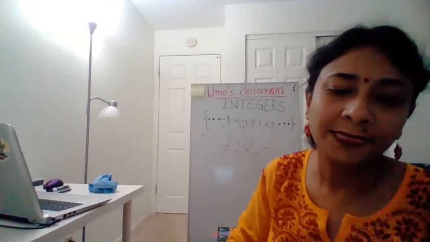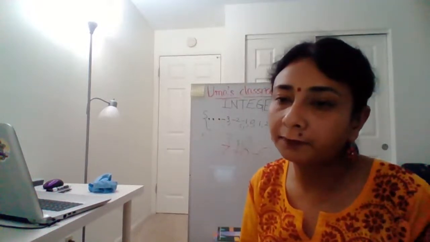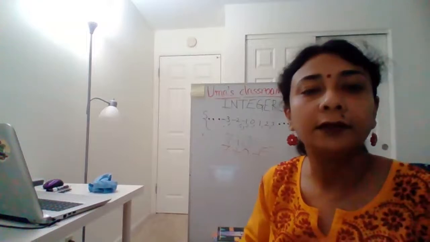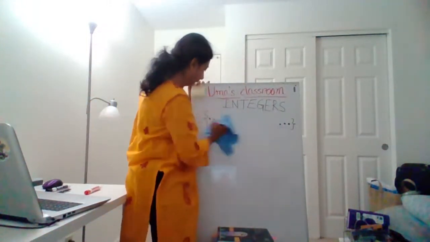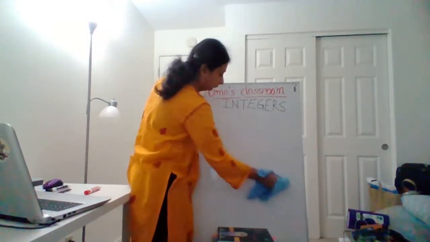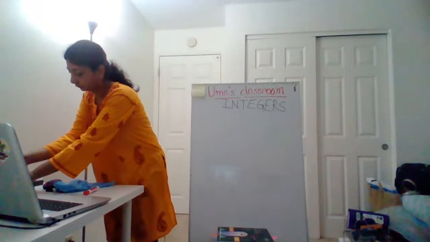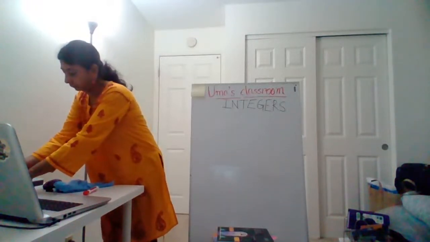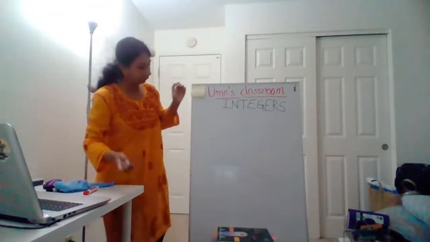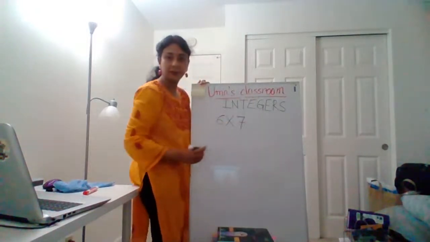So always welcome. And I already mentioned for multiplication also, commutative property and associative property both are valid. We can check with just one example. So my left hand side is 6 times 7.